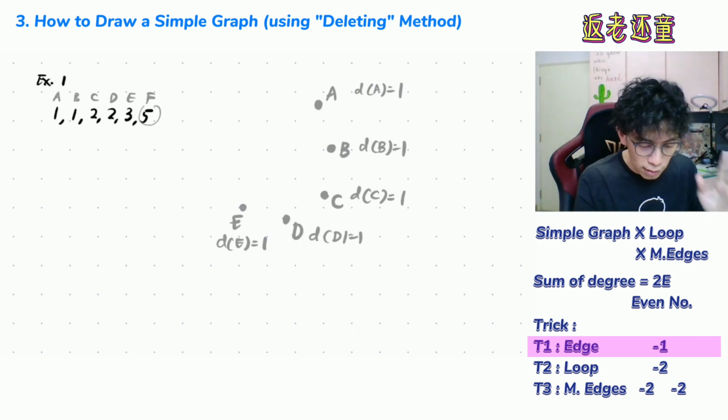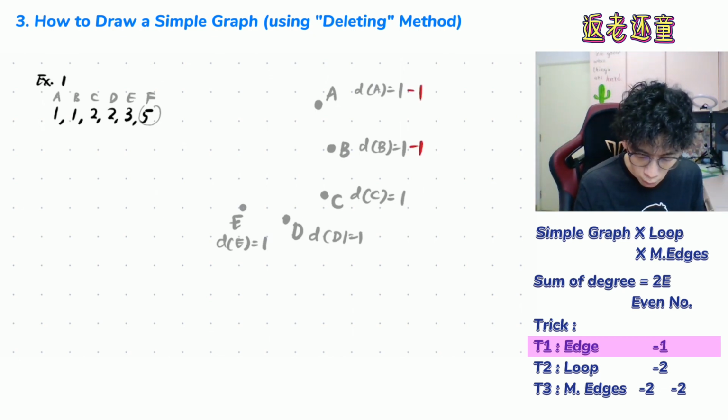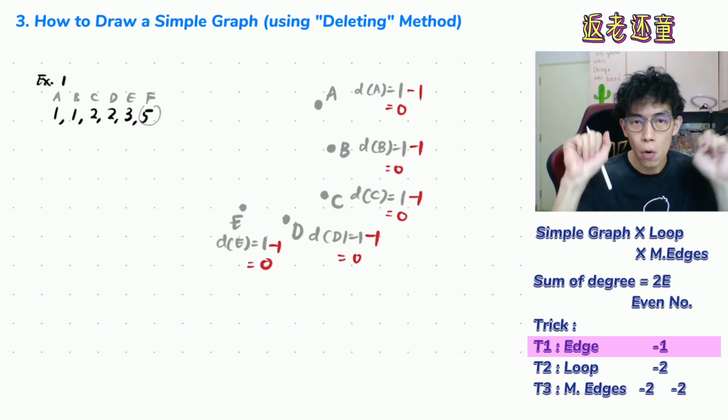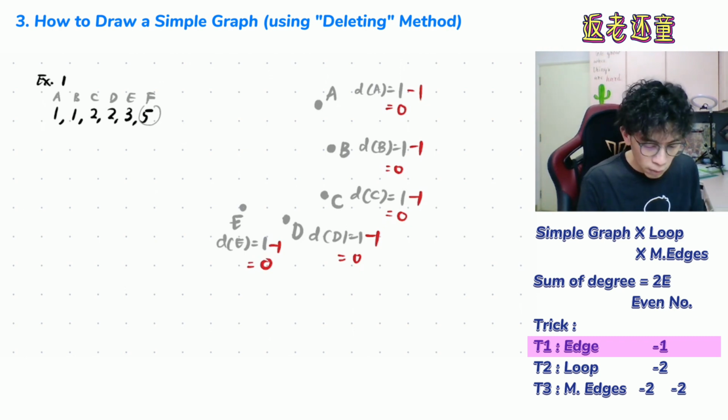So everything becomes -1, -1, -1, -1, -1. It becomes 0, 0, 0, 0, and 0. This is what I mean by the deleting way. You are reversing, like becoming young again. Okay, so that's the point.